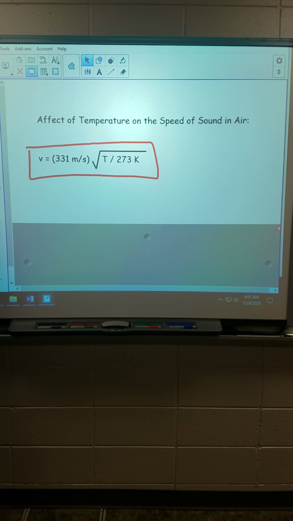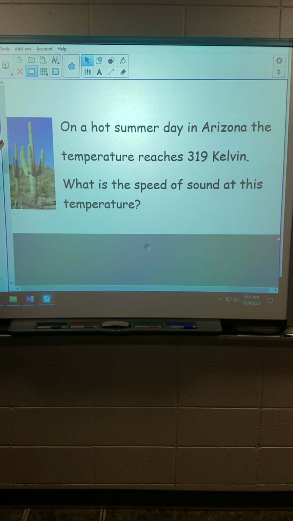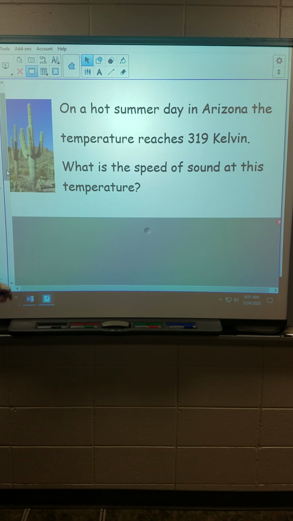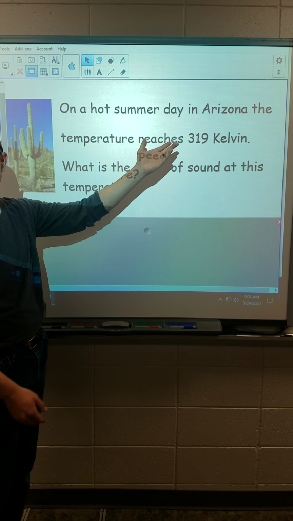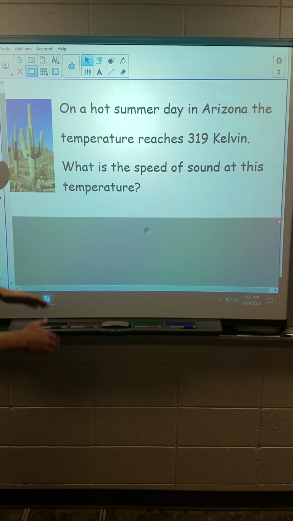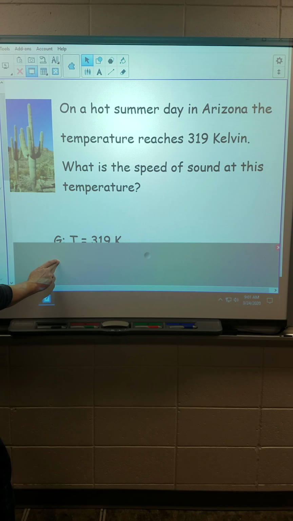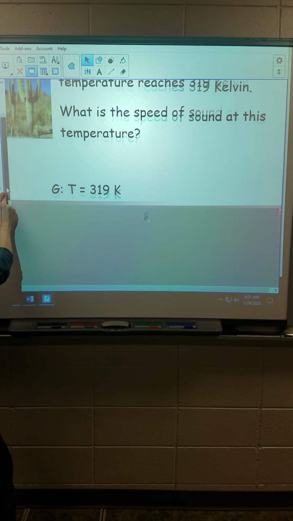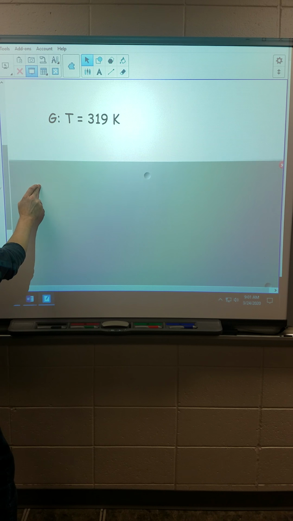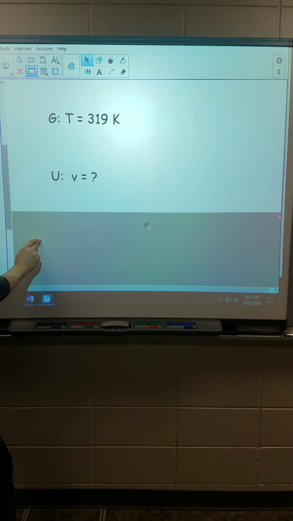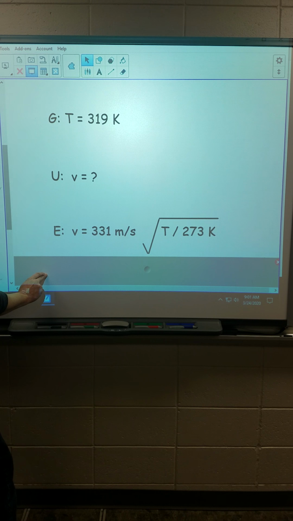So let's look at a problem like that. Let's imagine we're out in the hot Arizona desert. Temperature reaches 319 Kelvin, which is about 114 degrees Fahrenheit. What's the speed of sound at this temperature? Very straightforward, guys. Temperature's 319. We're looking for the velocity. Here's our equation.